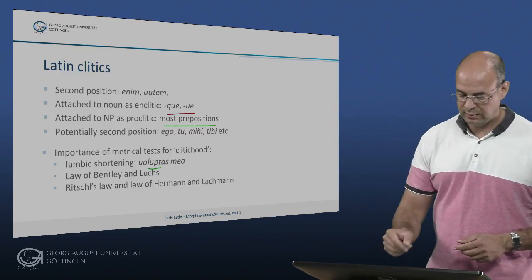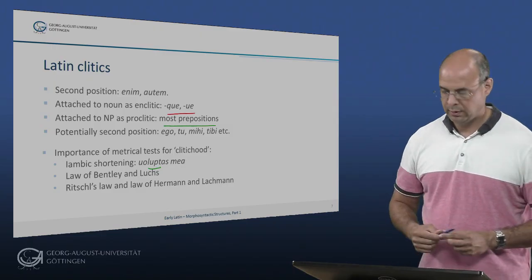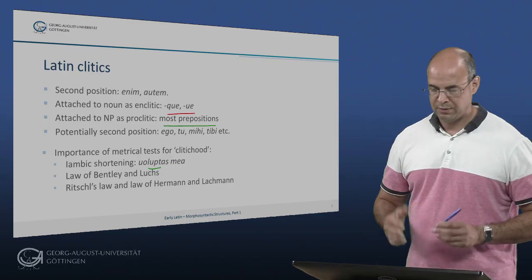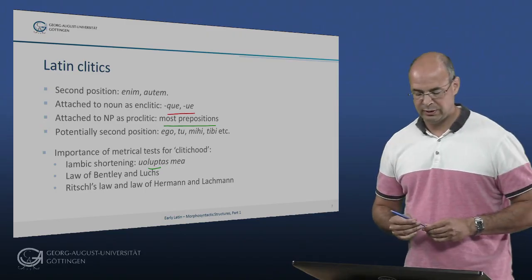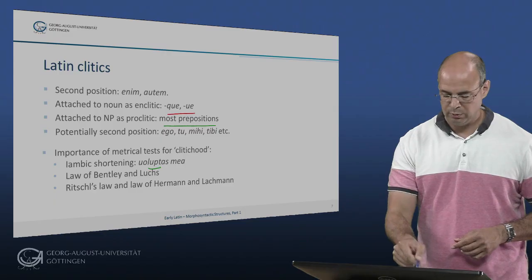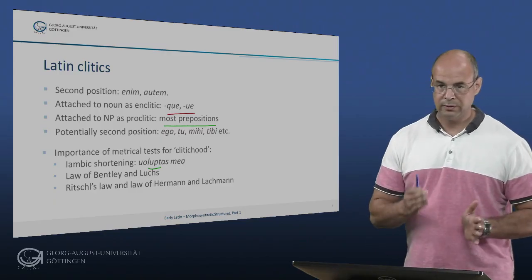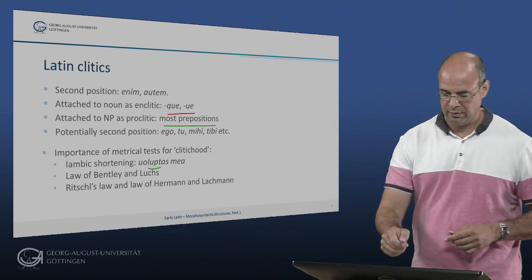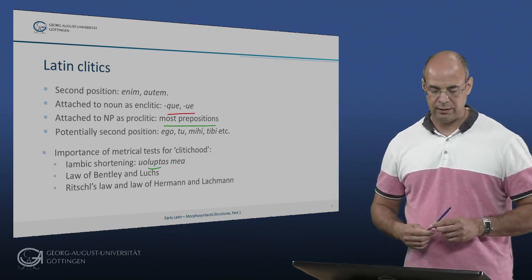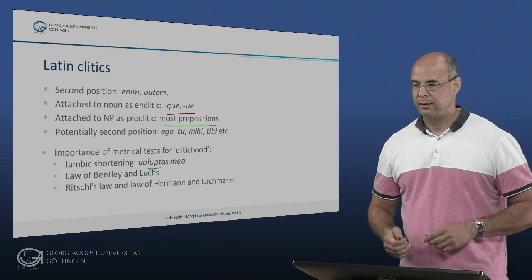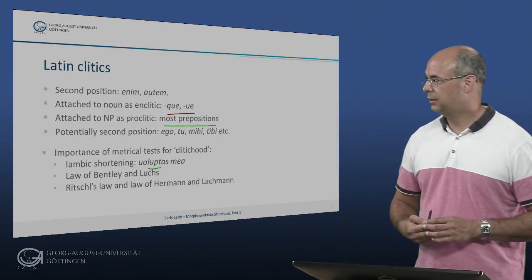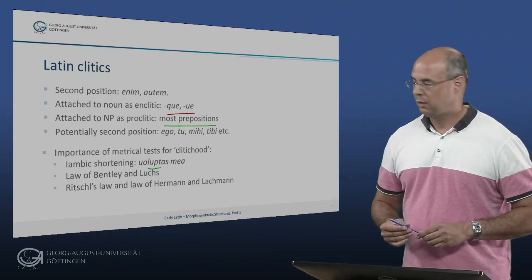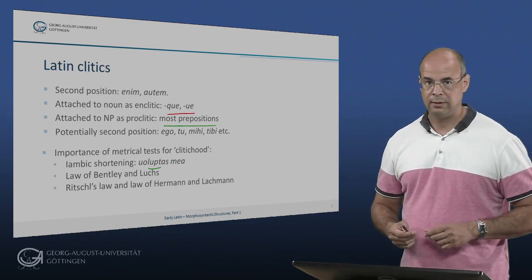And what we can see here is that que and we are very strong clitics. They create a single word unit, but things like voluptas mea is not quite as clitic as a noun with que and we attached to it. So these are things we can see in early Latin that you're not going to see from classical Latin quite as easily.